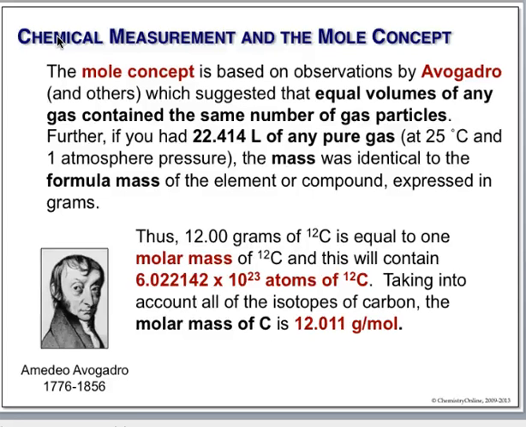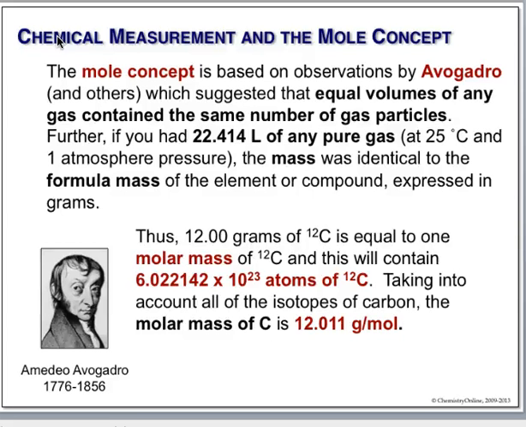Now we know that carbon consists of different isotopes. The average atomic mass is what you see on the periodic table, and that's 12.01. So if we take average carbon, a mixture of isotopes, and we have 12.01 grams of it, that's 6.02 times 10 to the 23rd atoms.